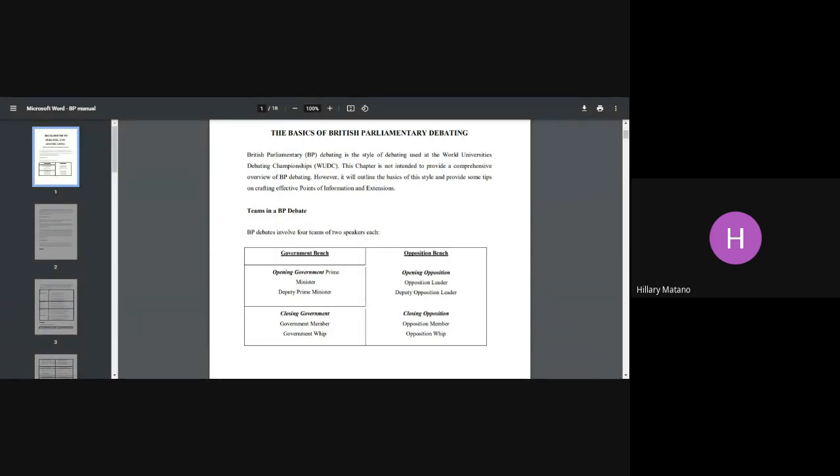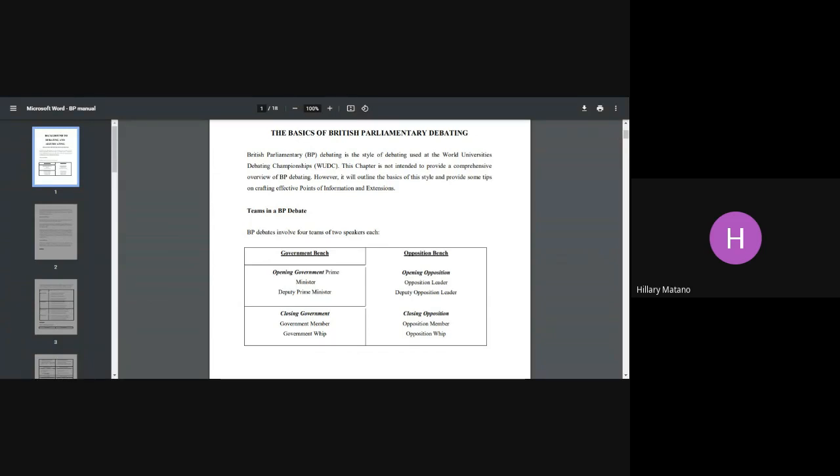The debate is structured in this manner. We are having 4 teams. This is the first team, the government side. Then this is the second team. For the opposition, this is the first, and then for the opposition, this is the second team. All these teams are competing against each other.